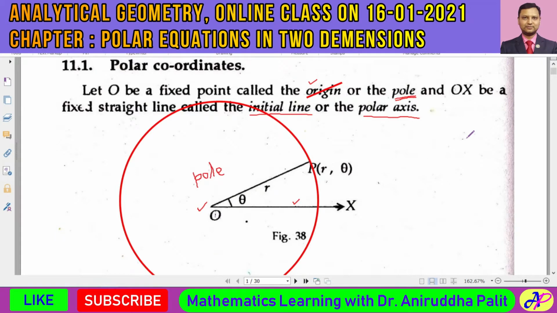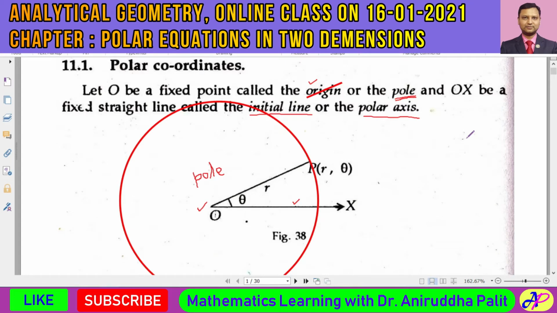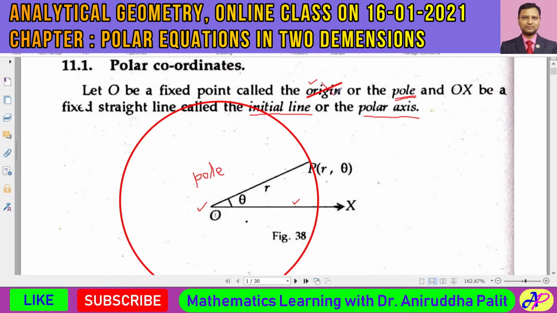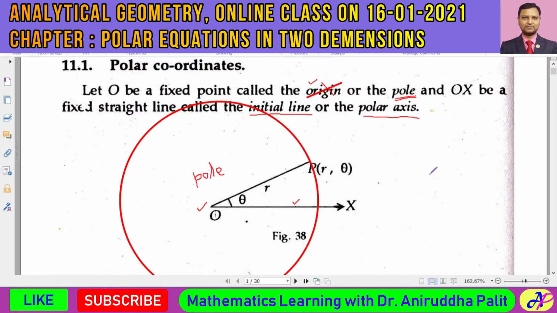In fact, in the subsequent lectures, we shall see that the pole in polar coordinates and the origin in Cartesian coordinates are two different points for representing the equation in polar and Cartesian coordinates. That's why the word origin should not be used, and I have crossed it out. Be very careful about it. Some mistakes are always there in most of these books. No book is foolproof.